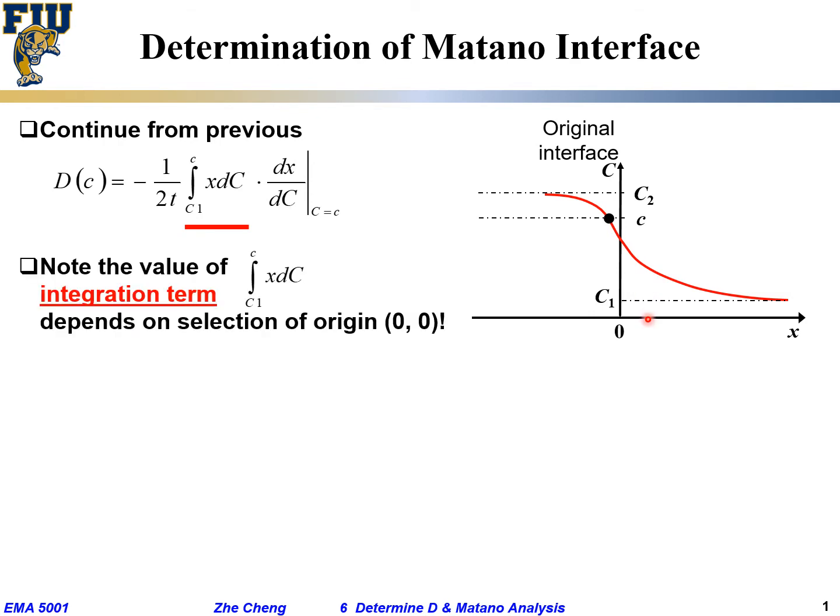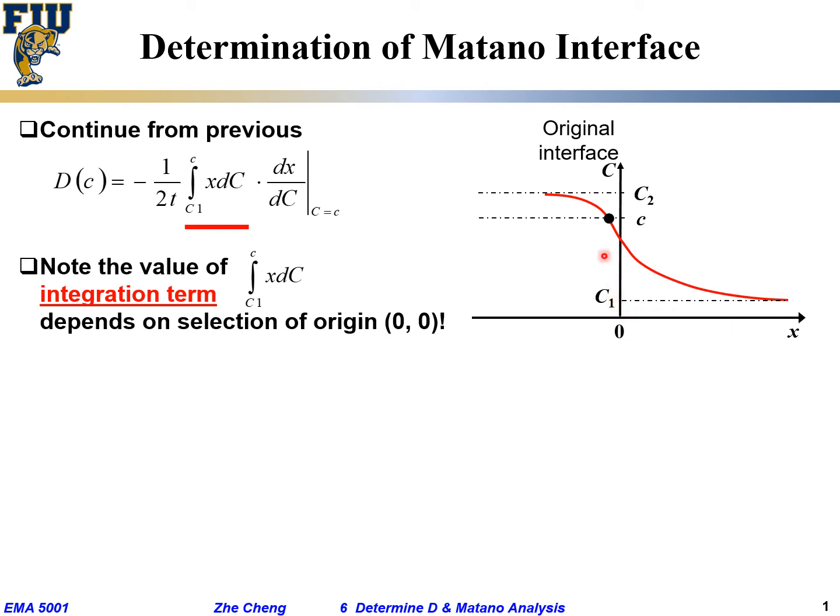But what you would find out is this integration term, the value of this integration term depends on the selection of origin. I want you to read this sentence again. The exact integration of this term depends where I choose my origin, whether it's here or here or here.